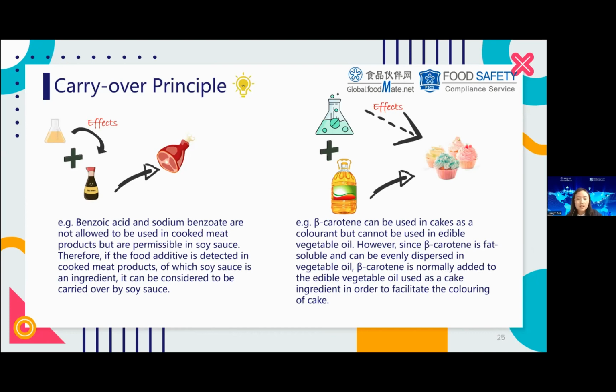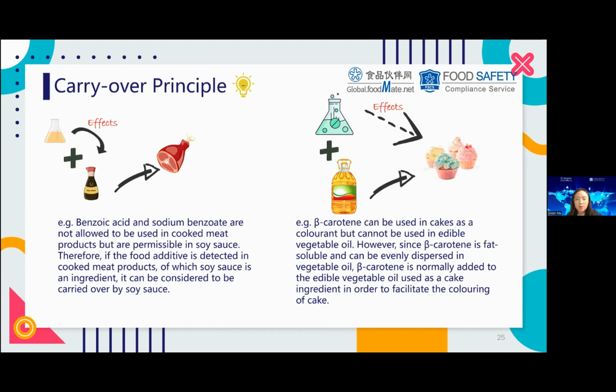It's a little bit difficult to find the designated food additives at once. And if you didn't find the food additive in the GB2760 or the announcements, it means that the food additive cannot be used in China. It might generally take a lot of time to determine whether a food additive can be used in China.